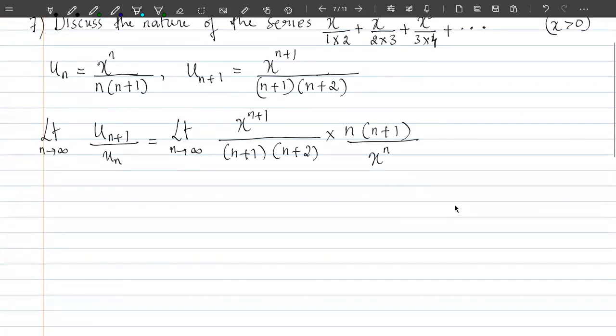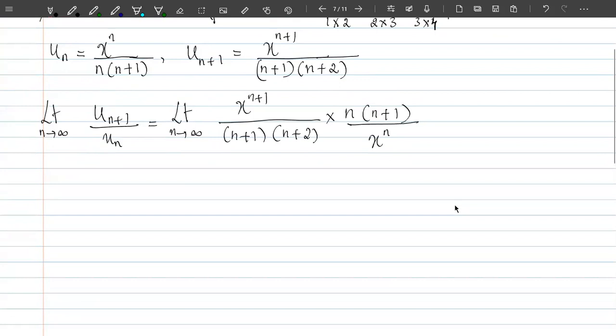So now here you have x power n plus 1 and here you have x power n, so obviously they will cancel. So here I get x, and here n plus 1 and this n plus 1 will cancel, so I get n by n plus 2. So I get limit n tending to infinity, x here and n in the numerator divided by n plus 2.